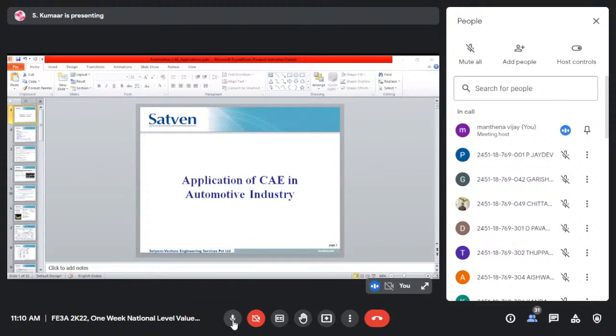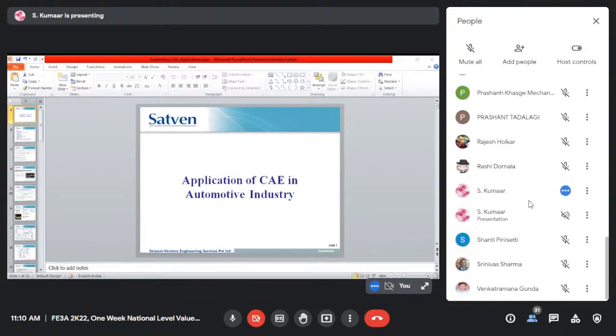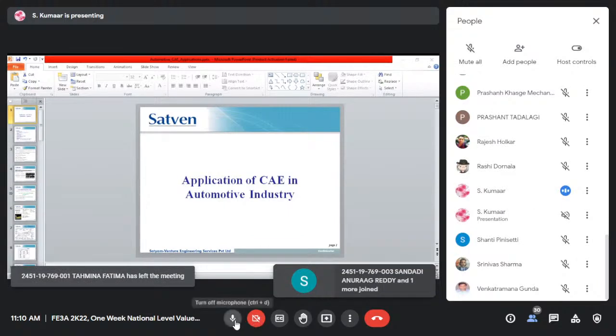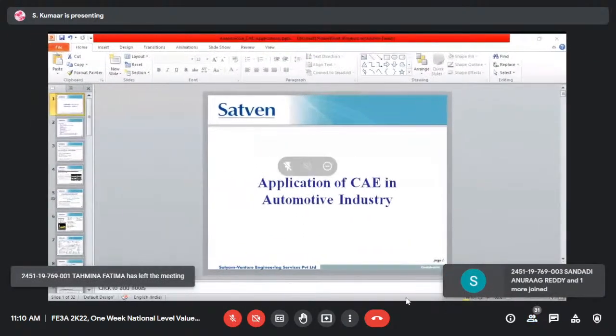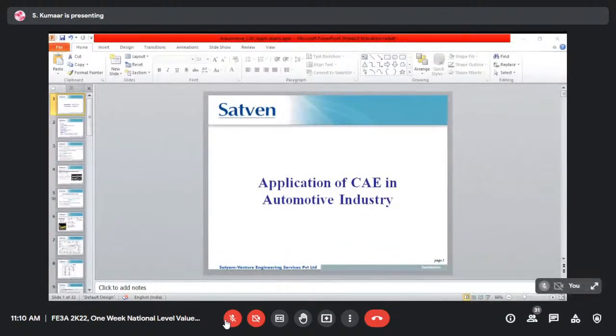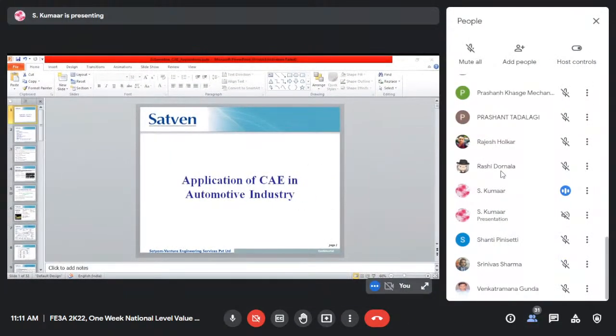After completing this, sorry. Page number 3 I am showing right now. Now it's moving, or hello? What's moving? Just a moment.